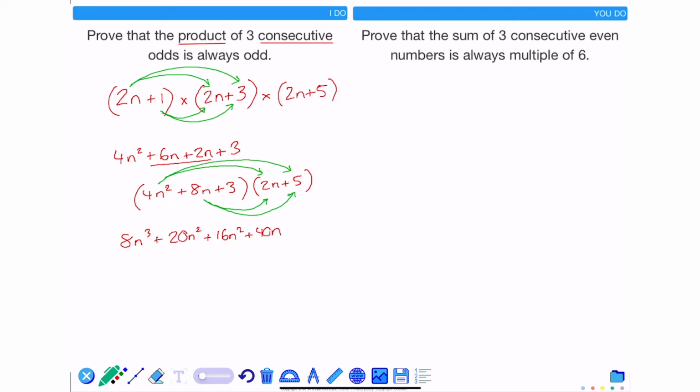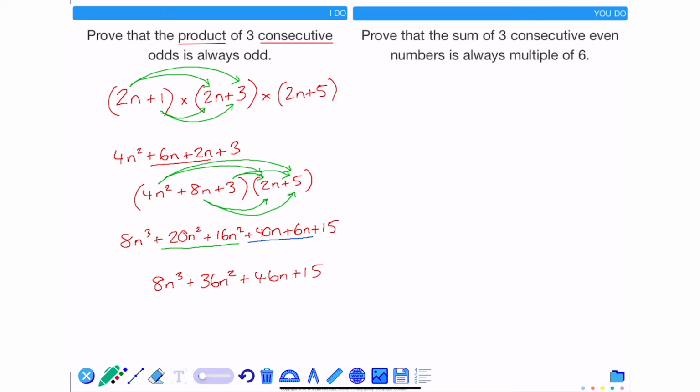And then finally multiply every term by 3 will give me 6n add 15. Now collecting like terms, I can see that there are two groups, 20n squared and 16n squared, and 40n plus 6n. So simplifying to give 8n cubed plus 36n squared plus 46n add 15.